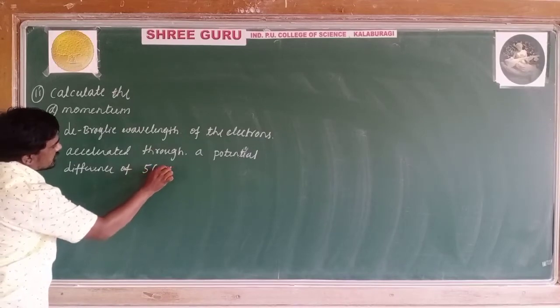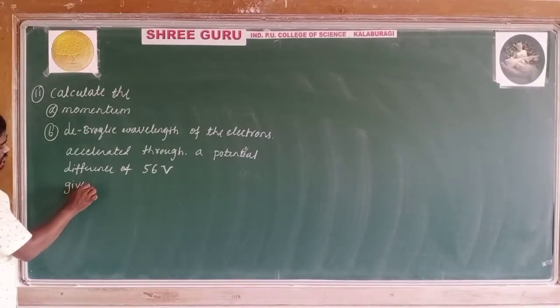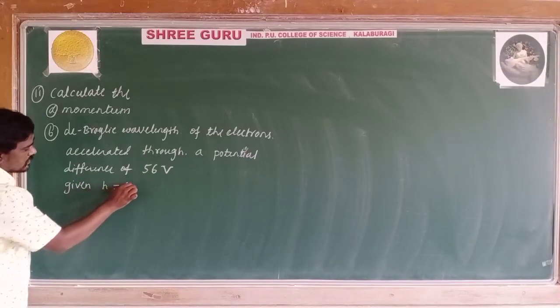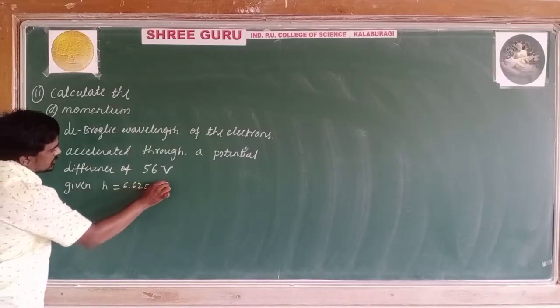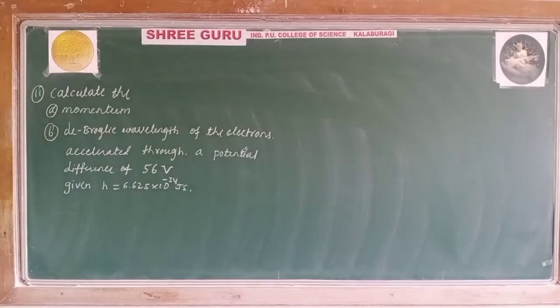This much of potential difference, and the given values are already mentioned. h is equal to 6.625 into 10 raised to minus 34 joule second. Suppose they are not mentioned also, you should remember these values.